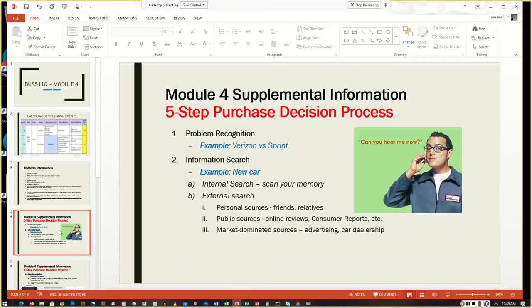Marketers must examine consumer behavior, which can be defined as the actions that a person takes when they purchase and/or use a product or service.